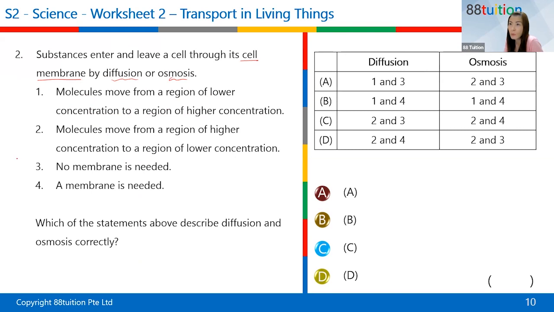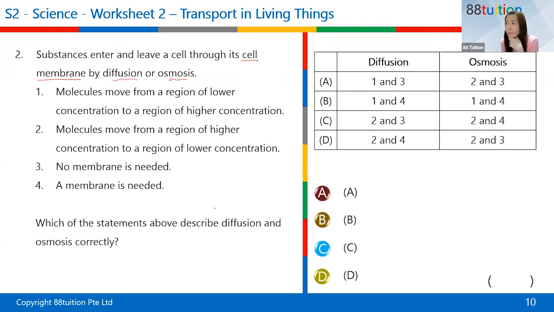Statement 2, molecules move from a region of higher concentration to a region of lower concentration. Statement 3 says no membrane is needed. Statement 4, a membrane is needed. So you need to select from the four statements to describe diffusion and osmosis. Remember what I said about osmosis just now, right? There's some requirement about the membrane.